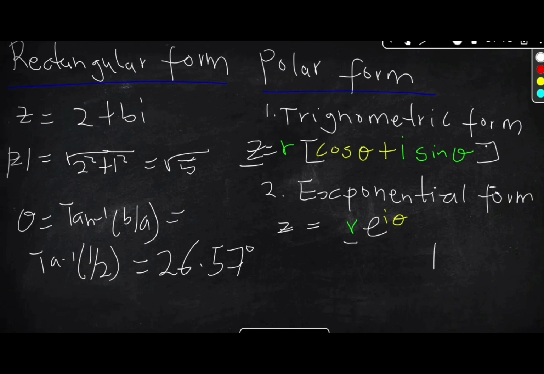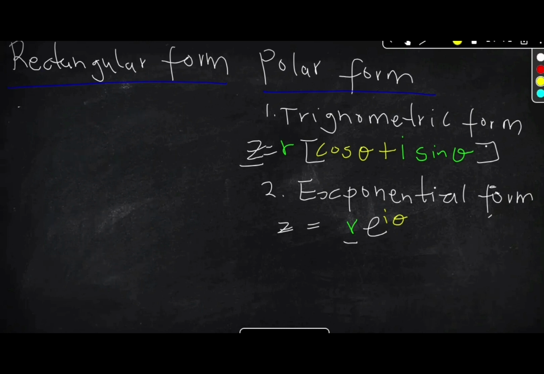On the Cartesian plane, this complex number z lies in the first quadrant, so that means our angle is the same, 26.57.